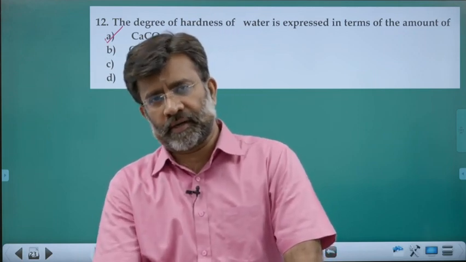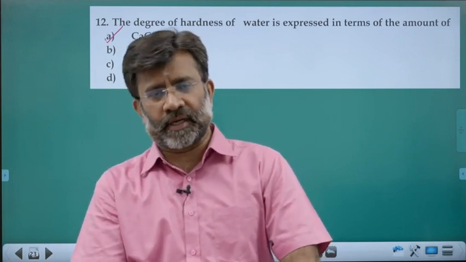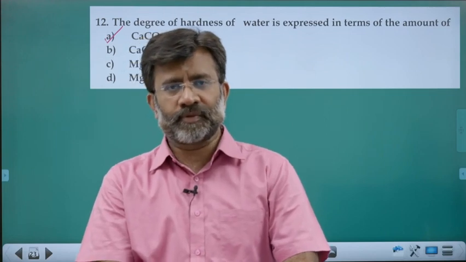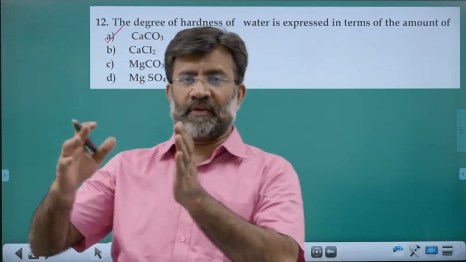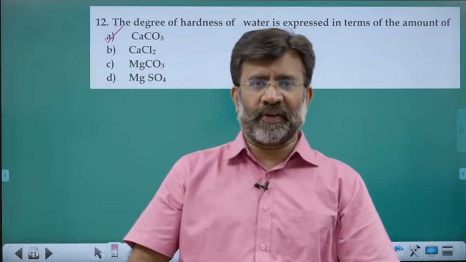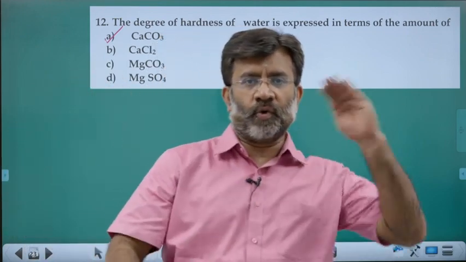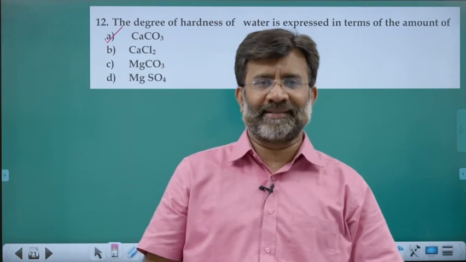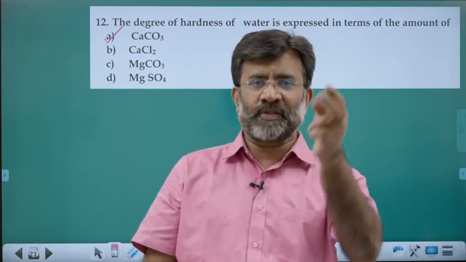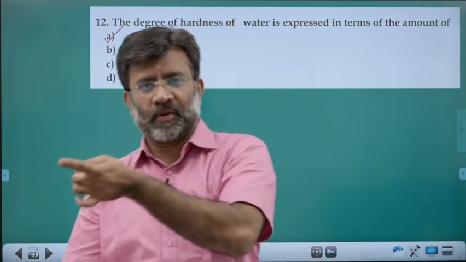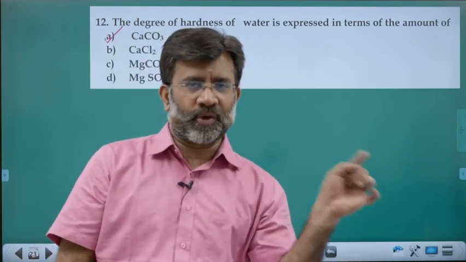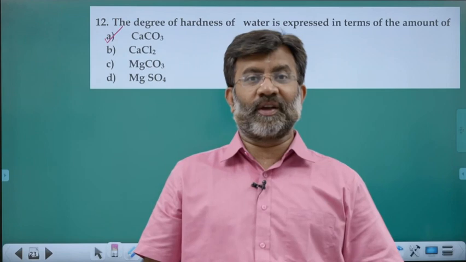So the degree of hardness is always expressed in terms of calcium carbonate. If you are having 1 mole magnesium sulfate, it is equivalent to 1 mole calcium carbonate, and thereby you can express the degree of hardness. And if you are referring to 1 mole calcium chloride, it can be equated to 1 mole calcium carbonate.